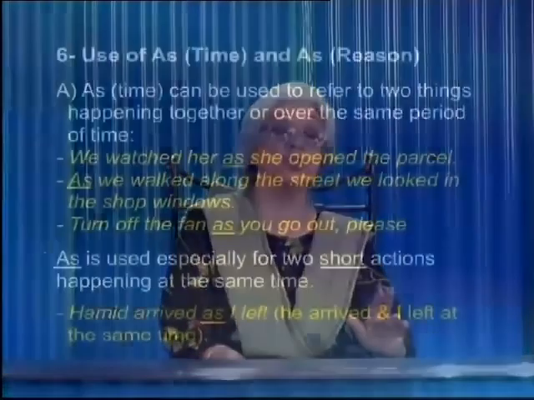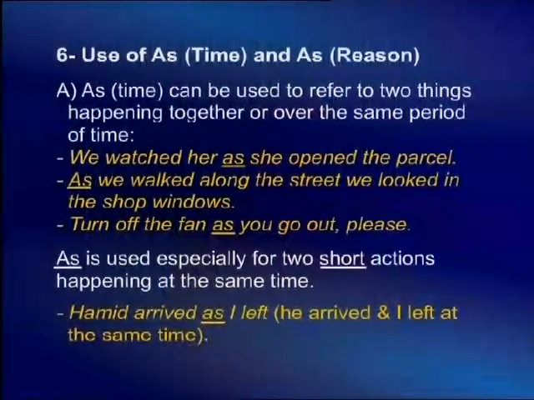As we walked along the street, we looked in the shop windows. Two things are happening at the same time. Third example, turn off the fan as you go out, please. What's happening over here? You are doing two things. And as is used especially for two short actions which happen at the same time. Example, Hamid arrived as I left.